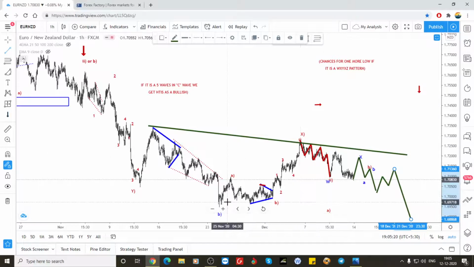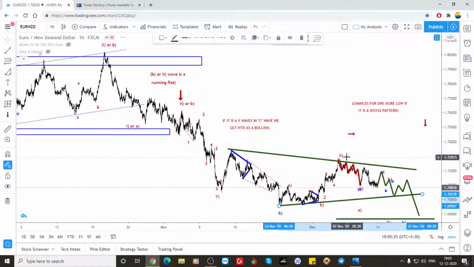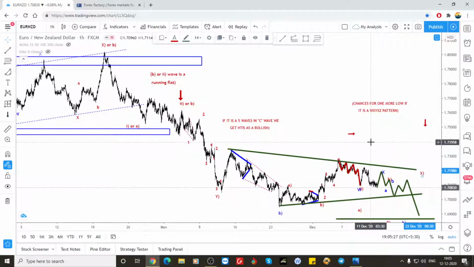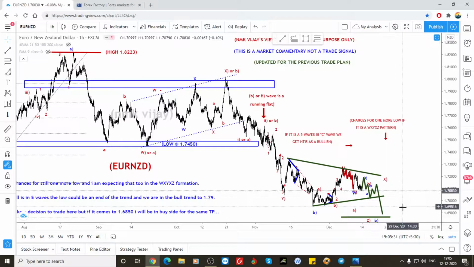So in that case, this could be a triangle in that X wave. If it is possible, another A, B, C can reach up to 1.67, what I said.